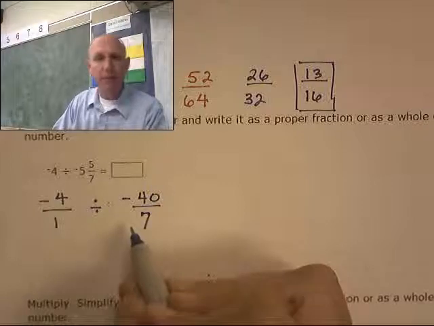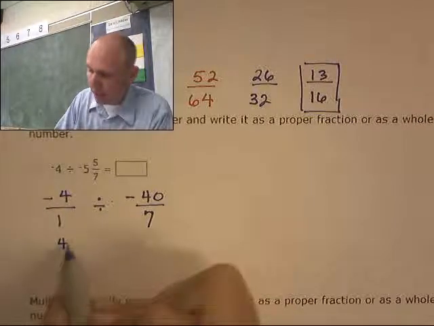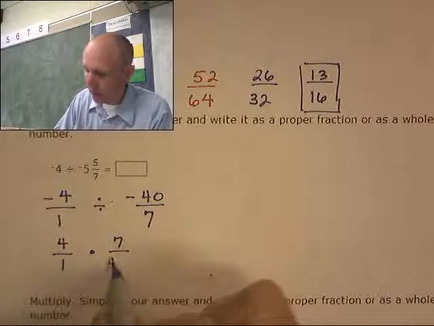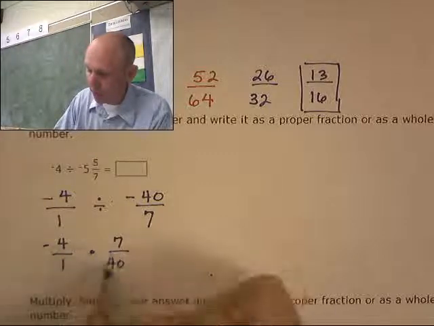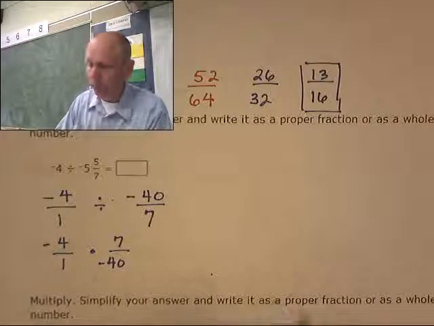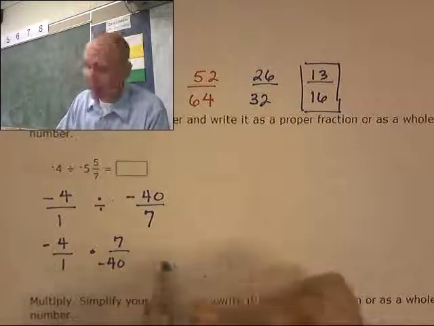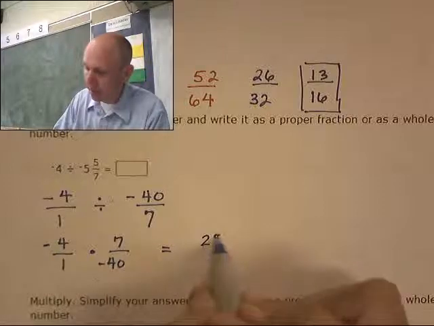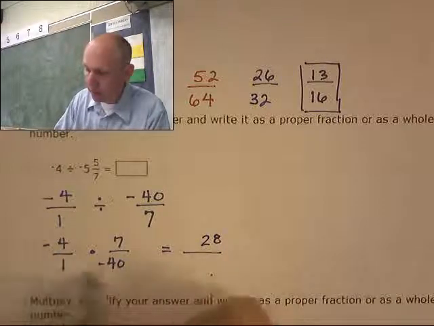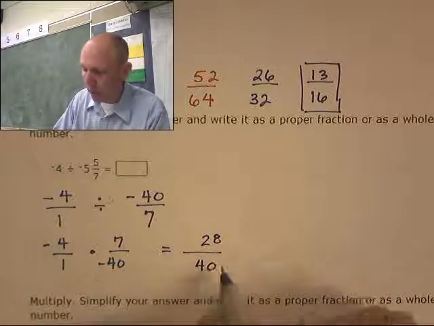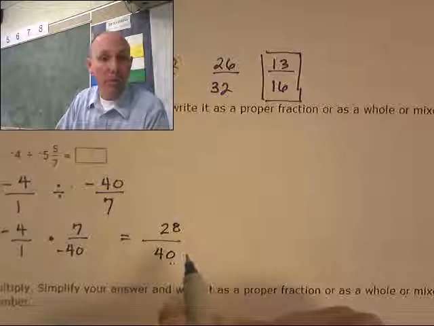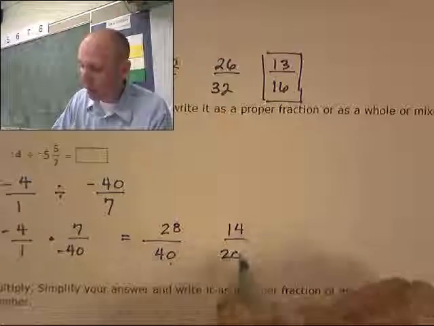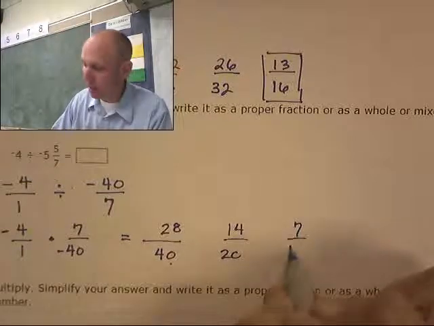I'm going to take the second fraction and flip it over. I have 4 over 1 times 7 over 40. Actually, these are both negatives, aren't they? A negative times a negative will be a positive, so I know my answer is positive. This is going to be 28 over 40. It can be reduced down. They're both even, so let's half it. That's going to give me 14 over 20. Let's half it again. That's going to give me 7 over 10.